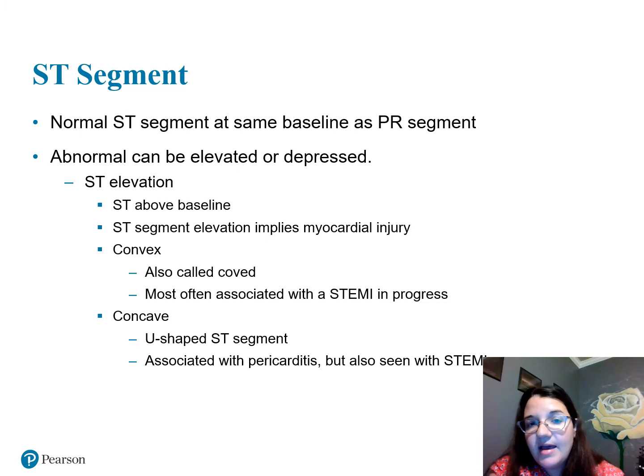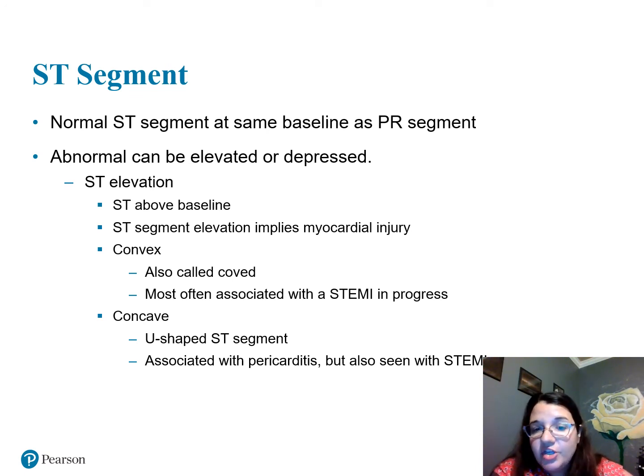When we're talking about your ST elevation, we have two different forms of what that ST elevation can look like. So we already know that it's going to be above the baseline, it's going to be positive, but it could either be a convex shape or a concave shape. Convex is also called coved. It is most often with your STEMI in progress. So if we have a cove appearance of the ST segment and it's elevated, we are in the process of a heart attack.